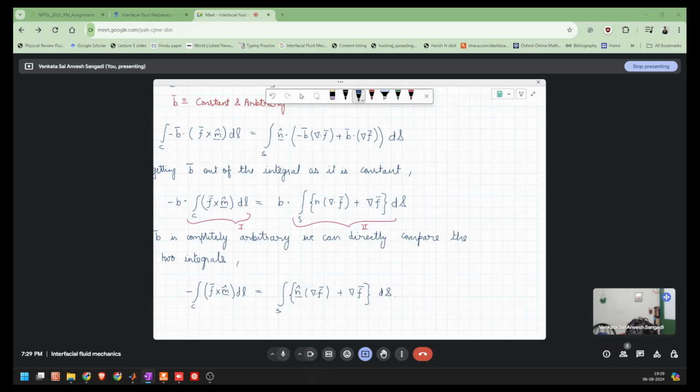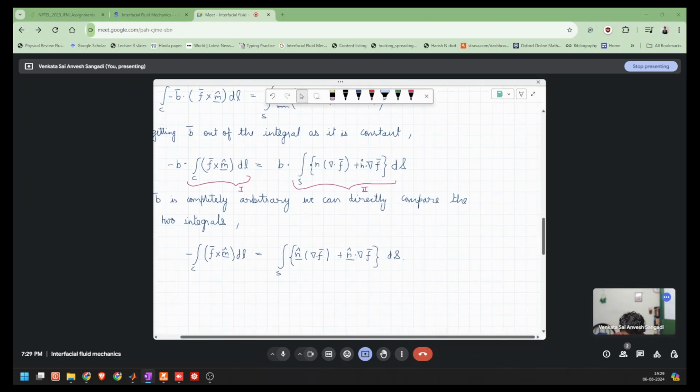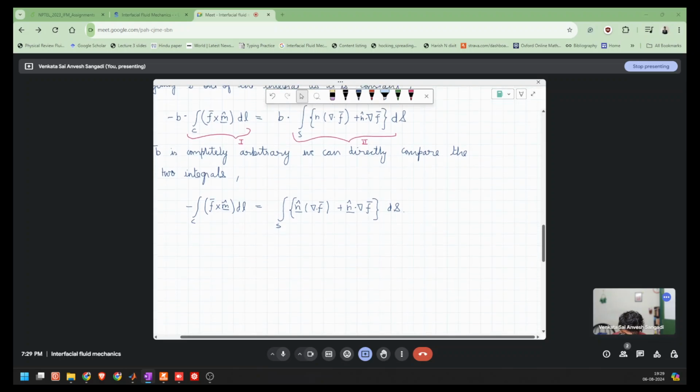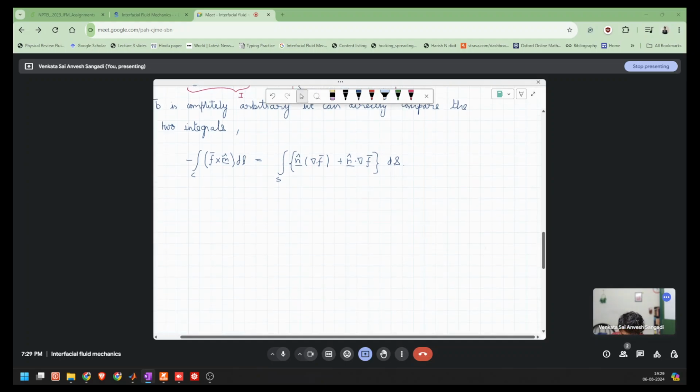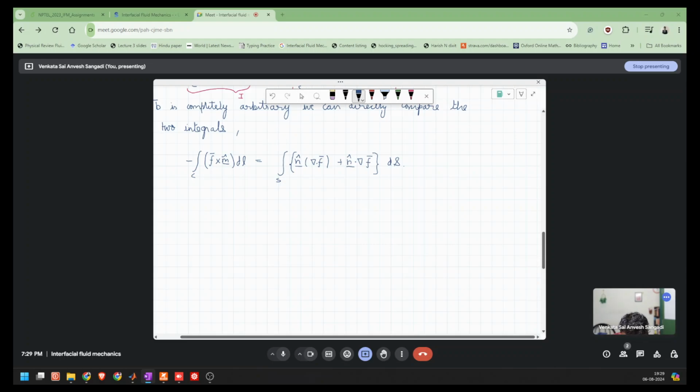The n is on the entire term, therefore I've missed out the n dot here. Okay, there's an n dot here, and now we have completely eliminated B, which was arbitrary, from the derived expression.